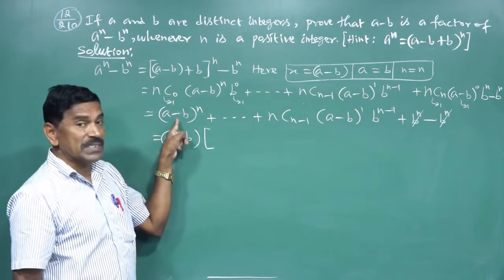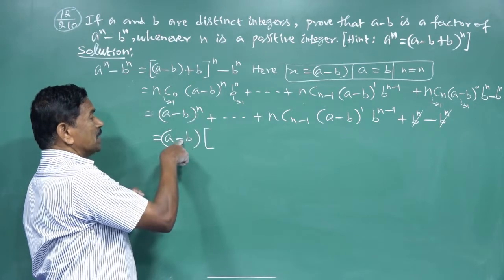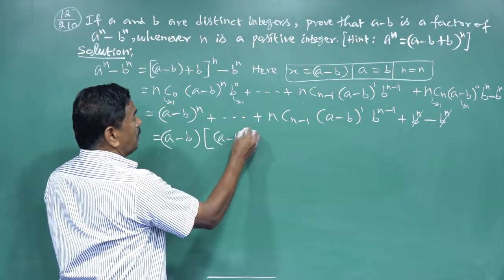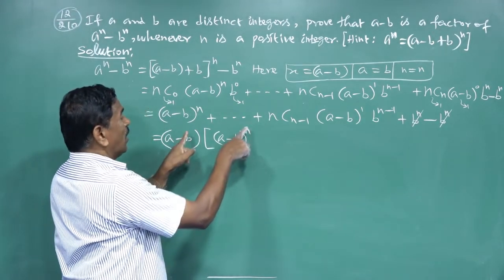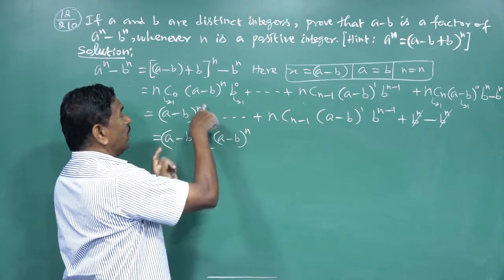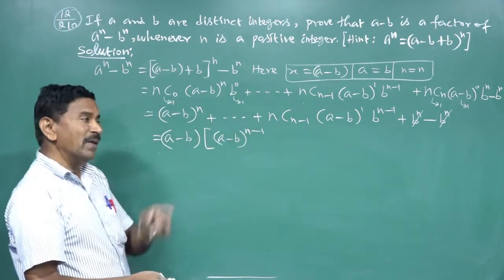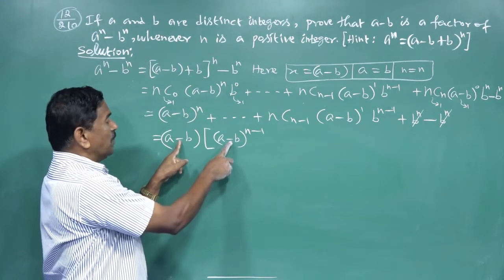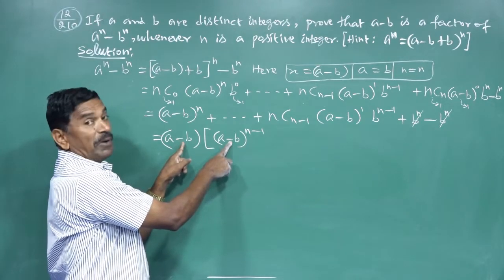But what about the first term? From (a - b)^n, we are taking out a - b. So the remaining will be (a - b) to the power n - 1, while the bases are equal and the powers are added, and adding we get n. Verification: a - b into (a - b) with equal bases, powers are added.